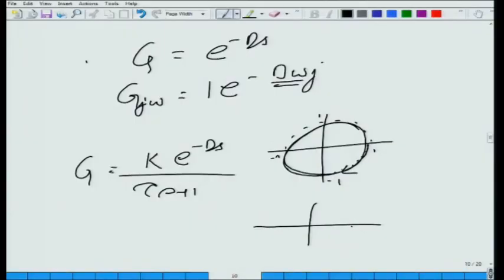So, you are going round and round, but the magnitude is becoming smaller and smaller, and ultimately at large frequencies, this is what the Nyquist plot for a first order plus dead time would look like, and of course, the direction is as follows. So, you can see that if you have the transfer function and replace s by j omega, the Nyquist plot is a piece of cake.